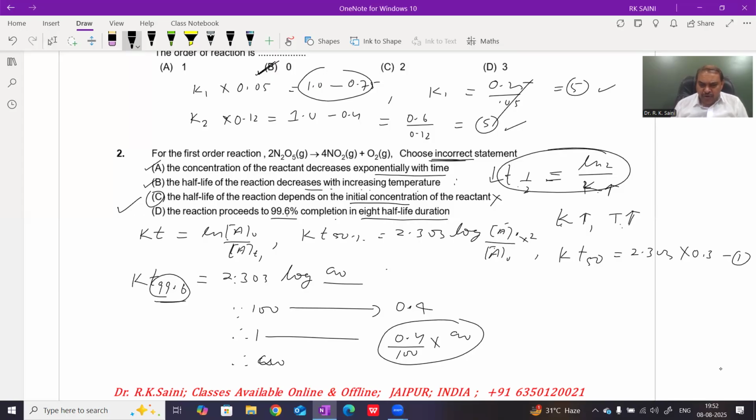Therefore, A node, and hence 0.4 into A node divided by 100. Therefore, the other integrated rate equation is Kt 99.6 equals 2.303 log.